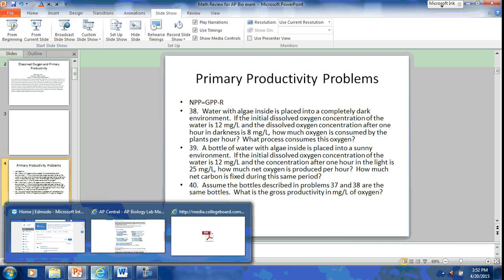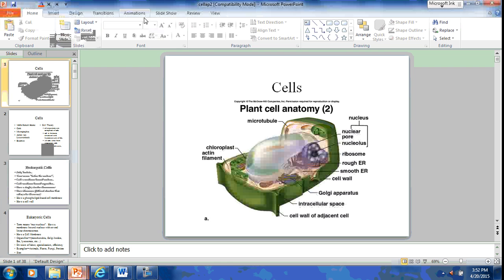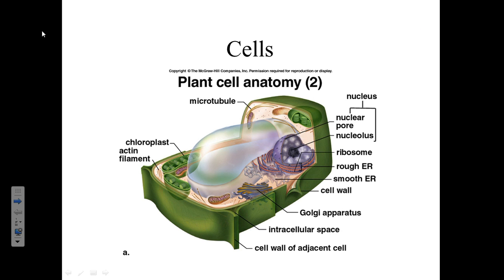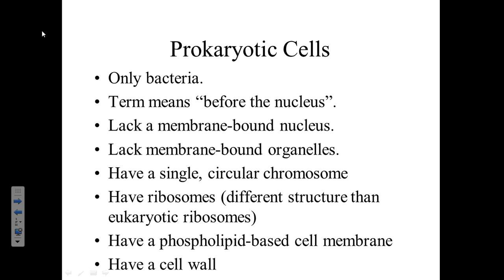That was one math thing, though, that I wanted to wind up with first. So with cells, first of all, remember that the most simple cells on Earth are prokaryotic ones, thought to be the first cells on Earth. And the only things alive on Earth today that have prokaryotic cells are bacteria.